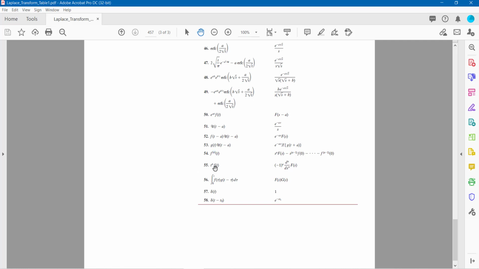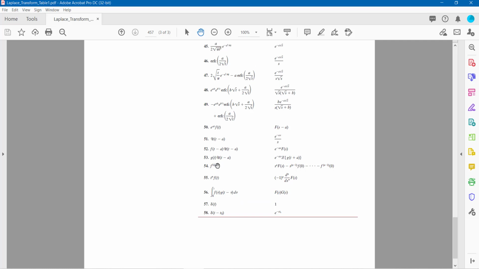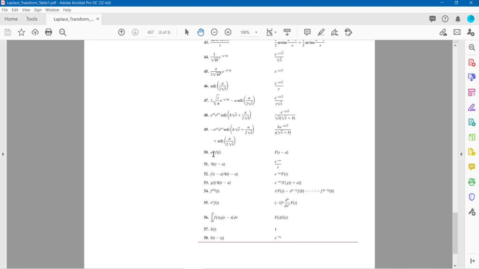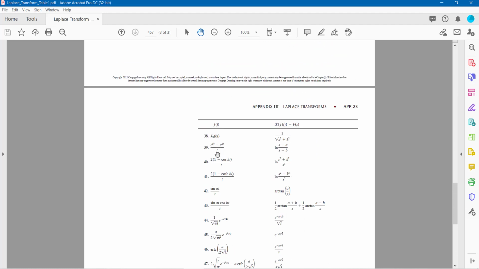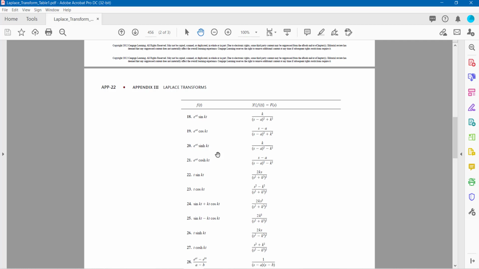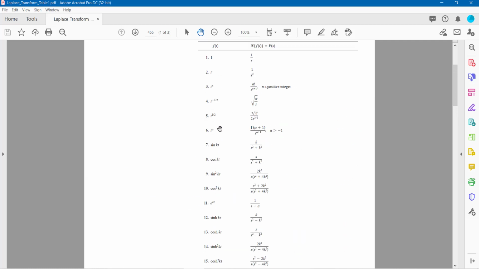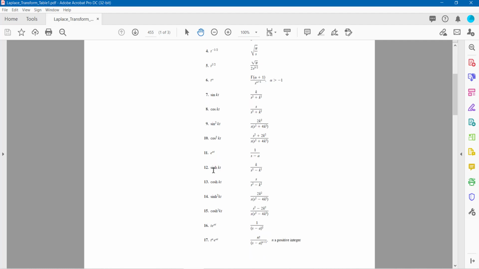You'll notice a couple of these other ones appear. This one we derived the other day. We derived this one the other day. We did some sines and cosines, a bunch of these ones back at the beginning, way back here. We did this one. Maybe we did t to the n, or we did t or something. I don't know what we did. Maybe we didn't do any of those. We did some trig functions. So there's a bunch in here.